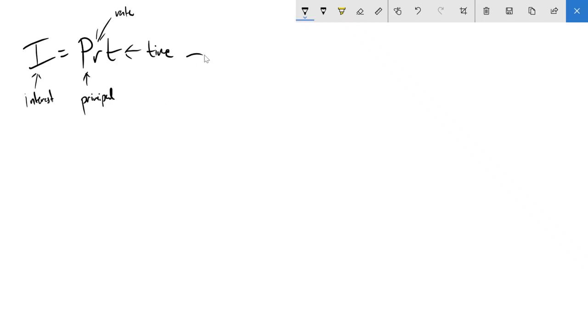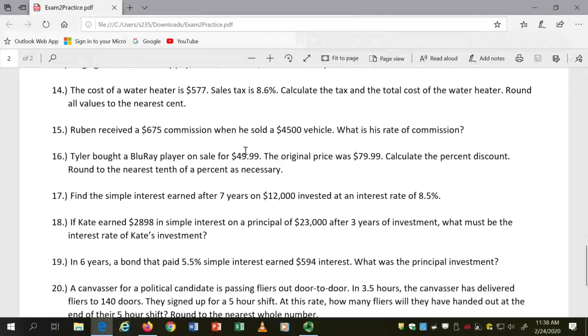So then, for this particular problem, what did it say it was? I don't have it in front of me. What was it? 7, 12. So the 12,000, that's the principal, right? 7 years, that's your time, and your rate's 8.5%.